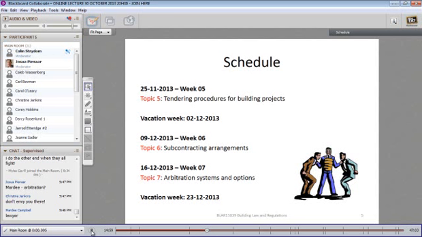Week 7, or topic 7, will be about arbitration systems and options, mainly when there's a dispute between the owner and the contractor during any stage of the project, and what will then have to happen to get that resolved, or sometimes it does not get cleared up.